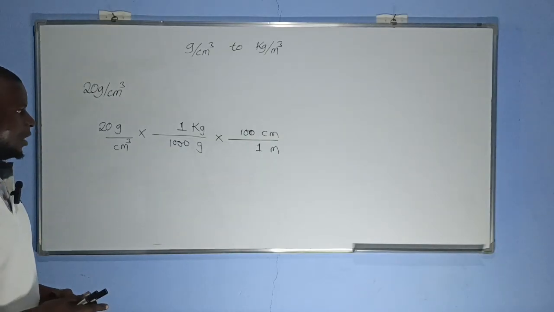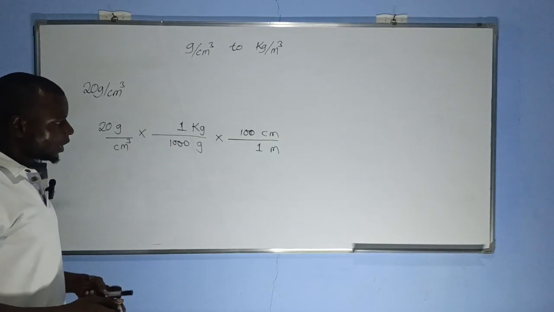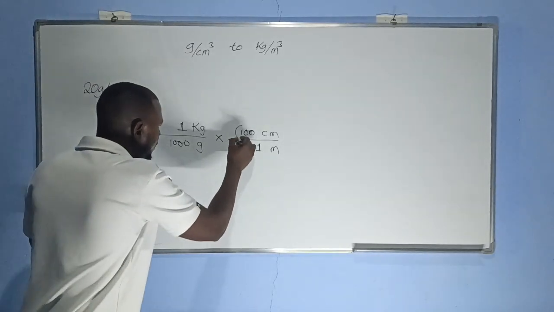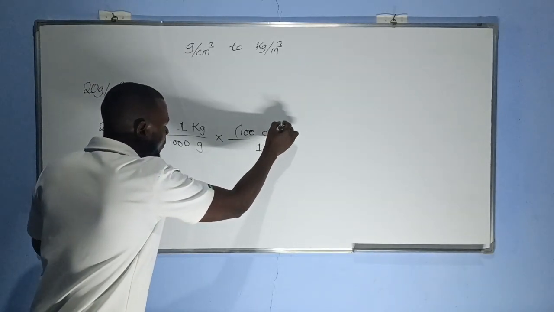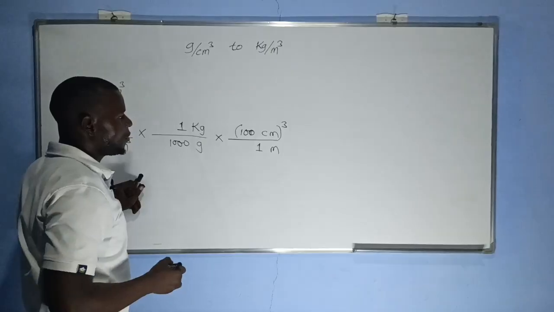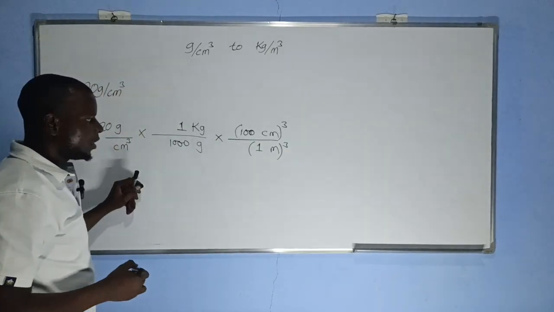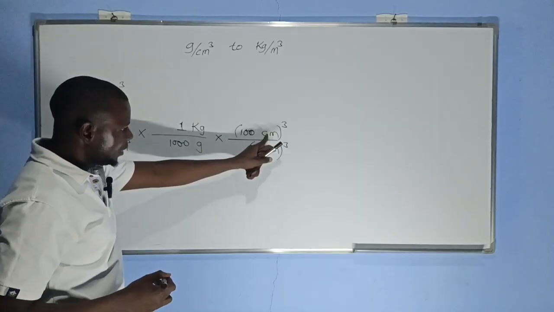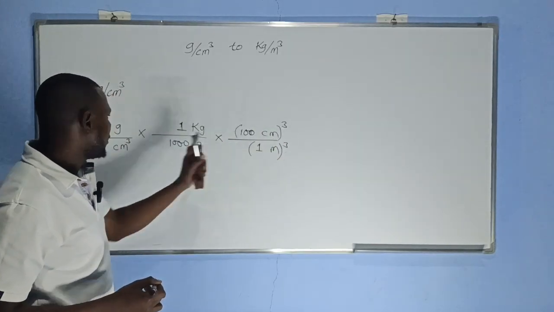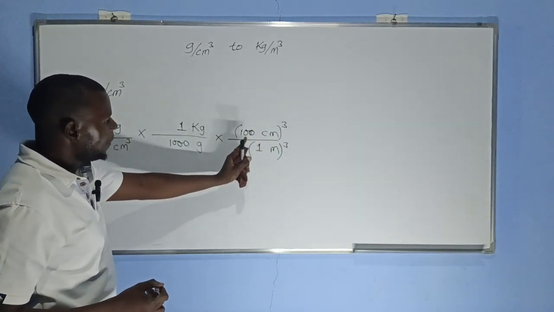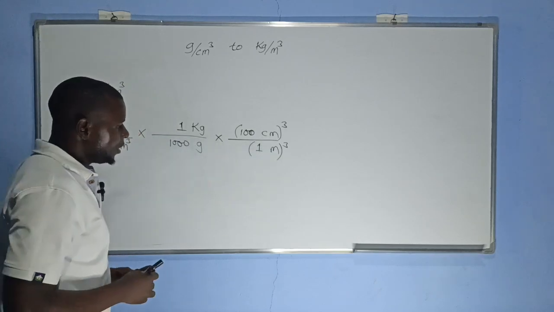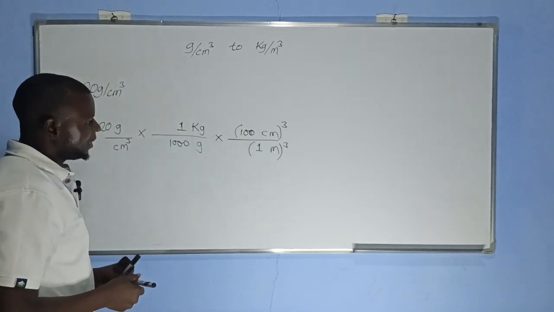How do we get that? All we have to do is cube the top part and also do the same to the down part. So we'll give it to the power of 3. We'll also give everything here to the power of 3. So that when we say centimeter to the power of 3, this will give us cubic centimeters. When we say meter to the power of 3, it will give us cubic meters.